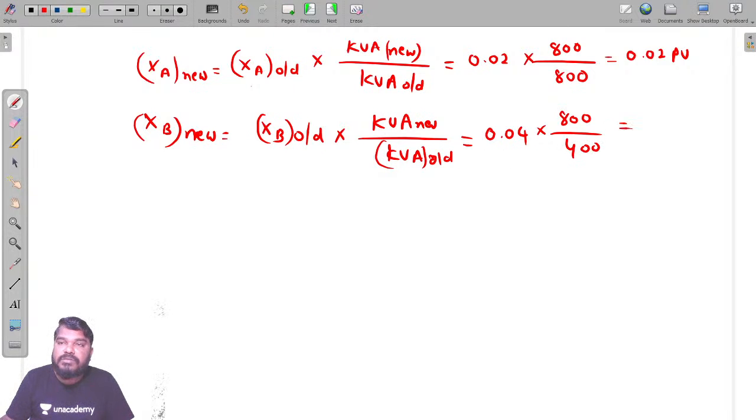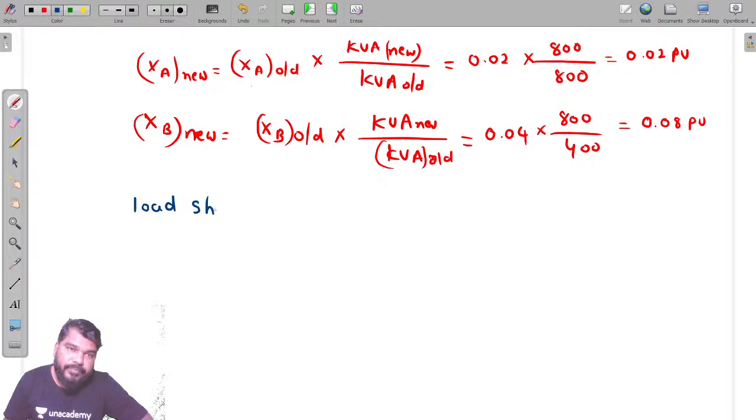XB old is 0.04, into kVA new, which is 800, divided by kVA old, which is 400. Now simplify this. Let's see what the correct answer is. First, tell me the XB new value here. It is 0.08 per unit.